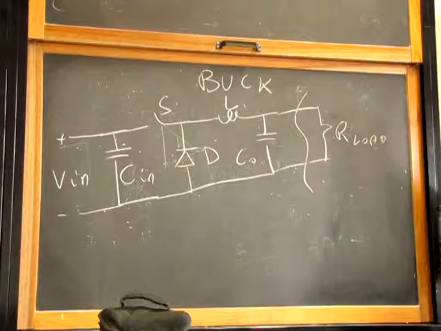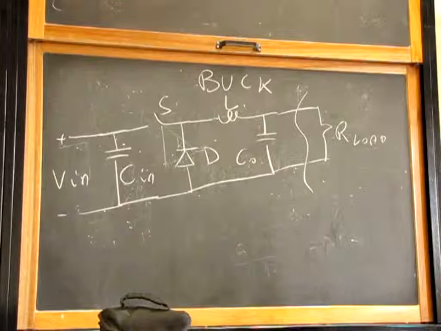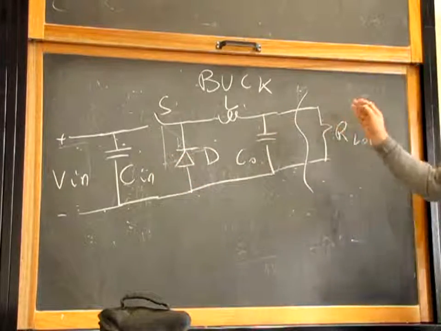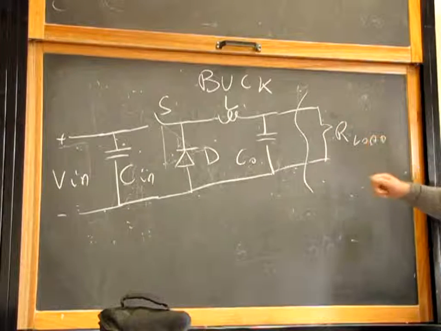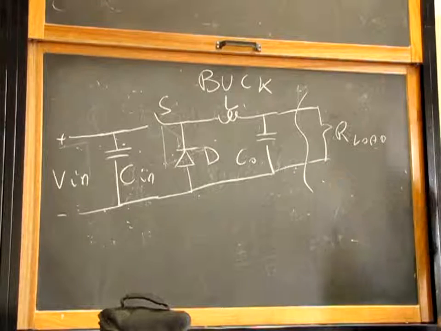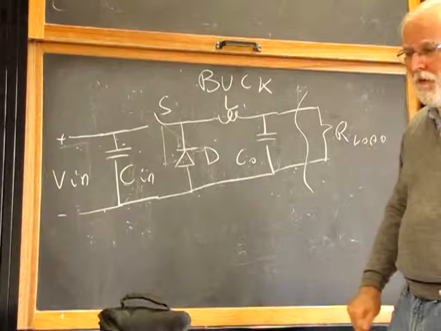We don't put a resistance at the output of a buck converter most of the time. We put our load, but I don't know what the load is. I am interested to design this part. The load can be any load. It can be a computer, anything you want. So for me, the load will be just a resistance. This is the basic topology, the basic schematic of a buck converter.